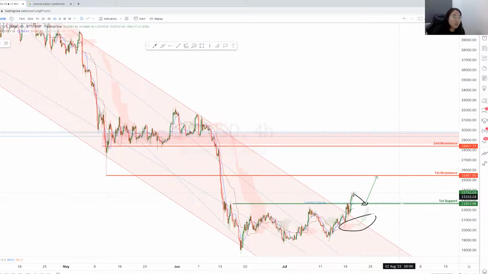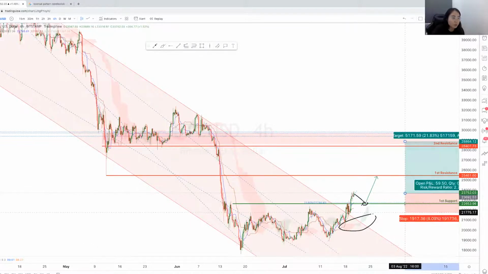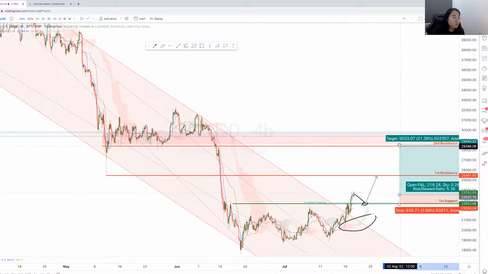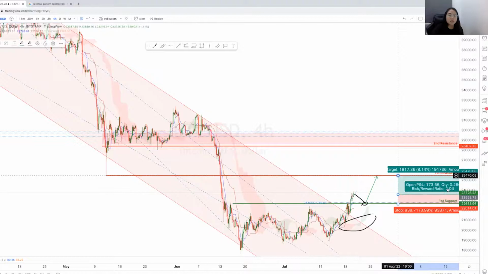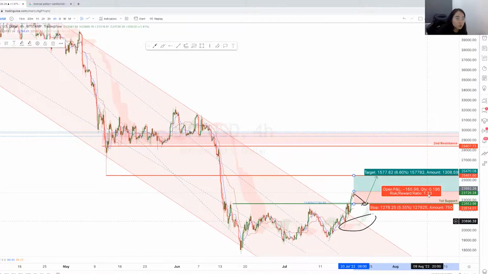Imagine you got in from here. Right now, you get in for this buy, although I do think it will go to the first resistance. If you get in right now, your risk to reward for this trade is, let me properly adjust, about 1 to 1.23.